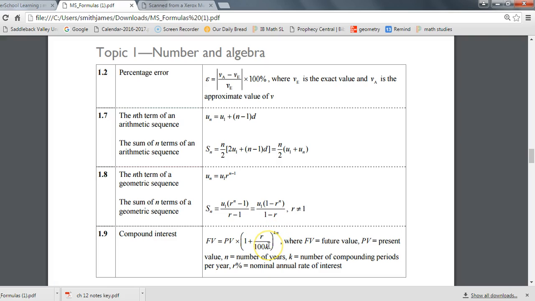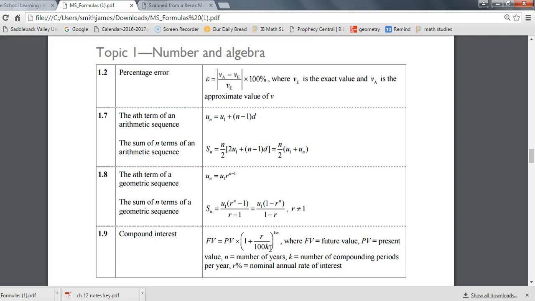K is your number of compounding periods within 1 year. So for example, if we said it's going to be compounded every month or monthly, well, how many times would that happen within 1 year? So that would be 12 periods of compounding. So K would be 12. If they just say it's annual, that means it's happening once a year.